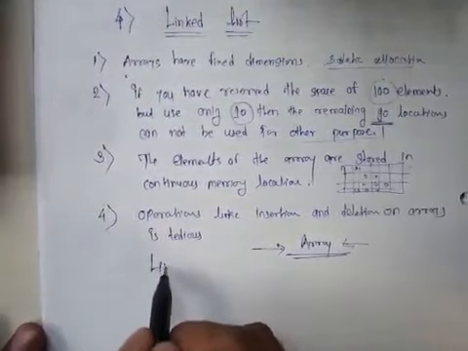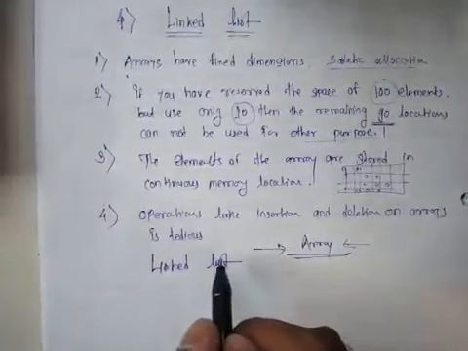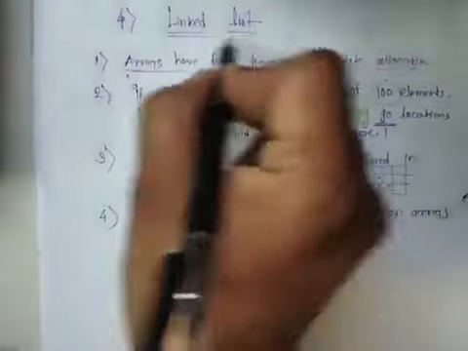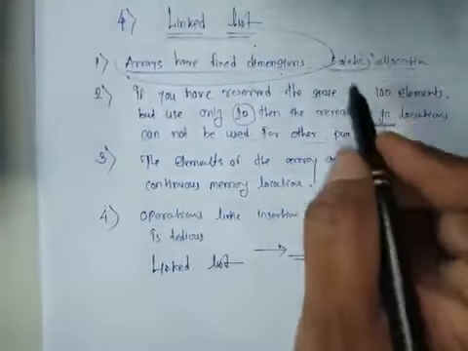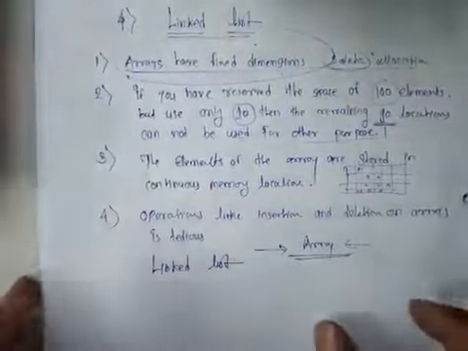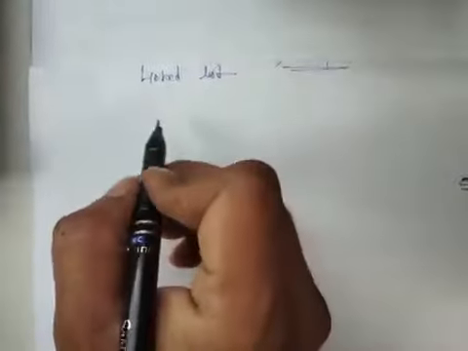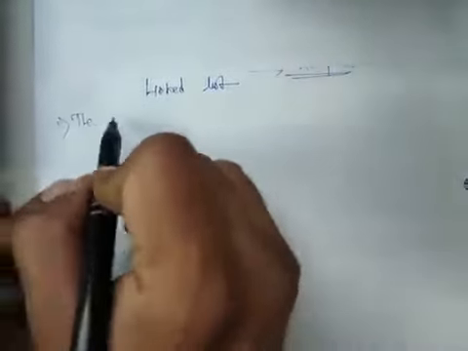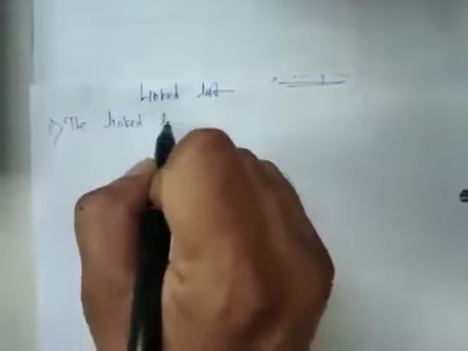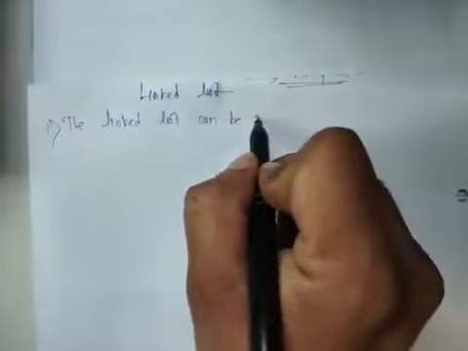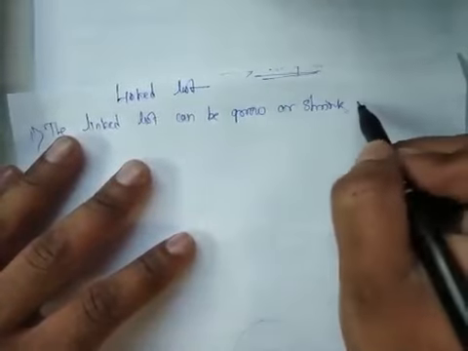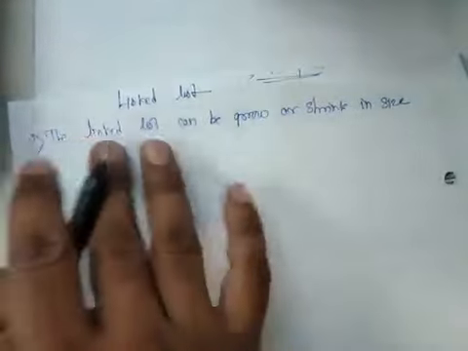The most important point is that an array is static memory allocation, meaning before executing the program we need to fix the size of the array. But the first benefit of a linked list is that it can grow or shrink in size at the time of execution.